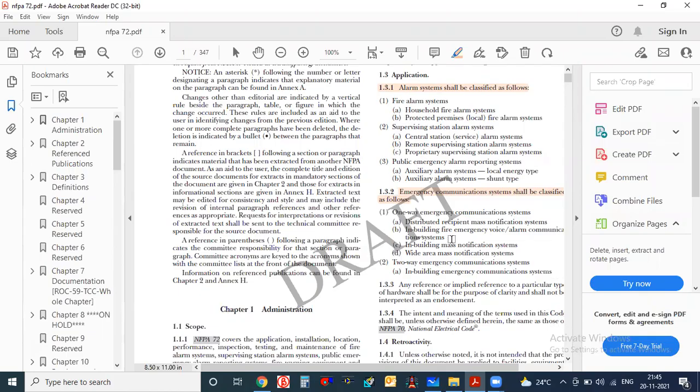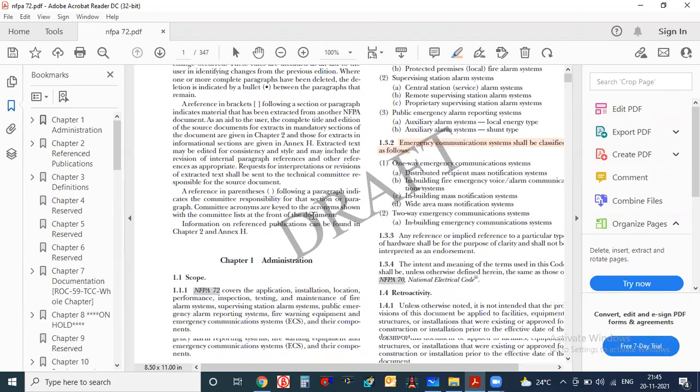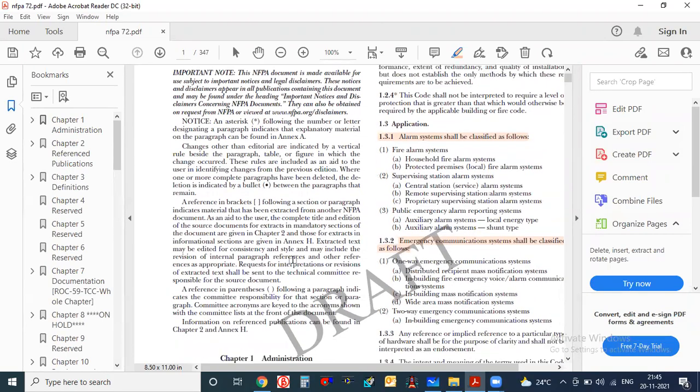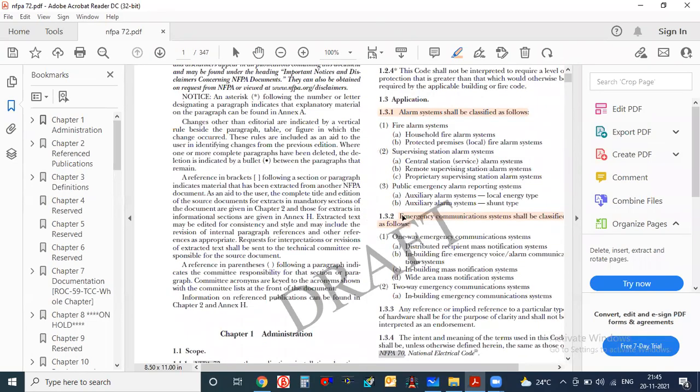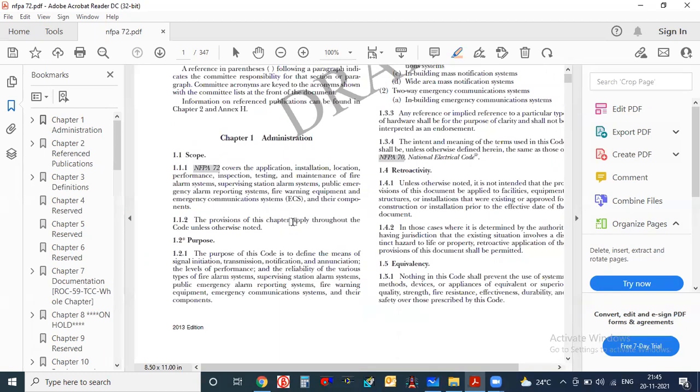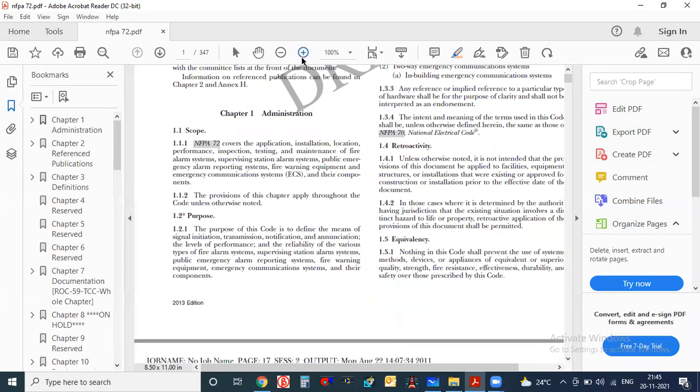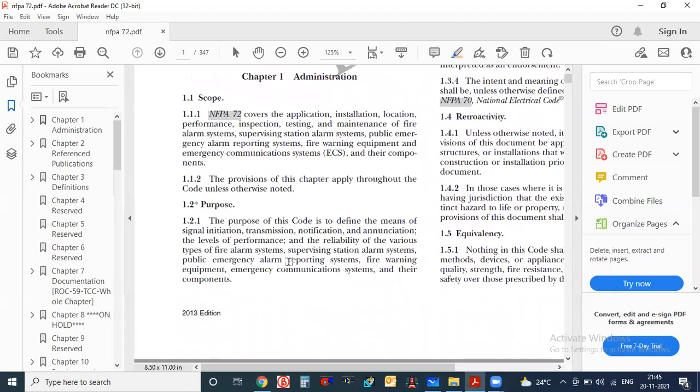And there are certain things they have written. So these two points I find a little bit important here. Apart from that, they have given the purpose here: the purpose of this code is to define the means of signal initiation, transmission, notification, annunciation.